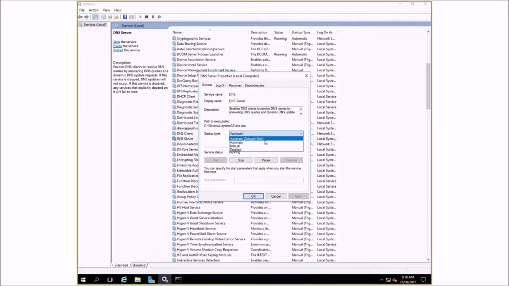Why would you have this? Maybe it's not a critical service, so you want the critical ones to be turned on first, or maybe this service actually relies on a whole heap of other things working. If it relies on a whole heap of other things working, then it can't actually turn on before those things get turned on. So maybe we'll set it to automatic delayed start and set all those other things it depends on as automatic. So this one turns on afterwards.